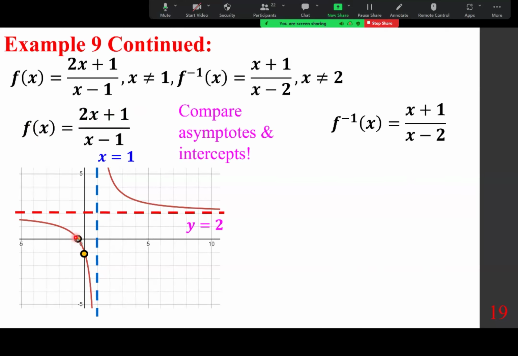That's why you have negative 1/2, 0. If you set x equal to 0, you get -1, and this one is 0, -1.